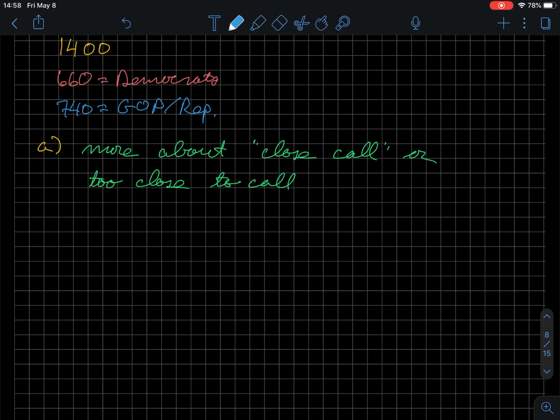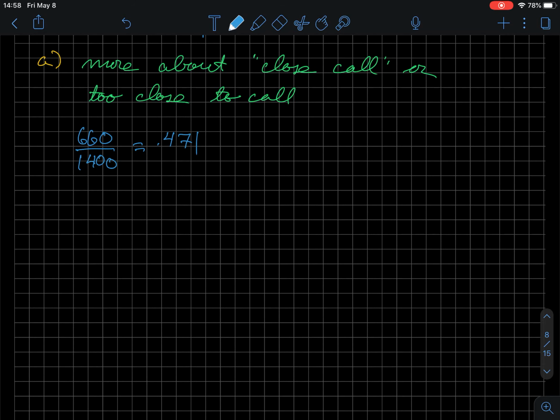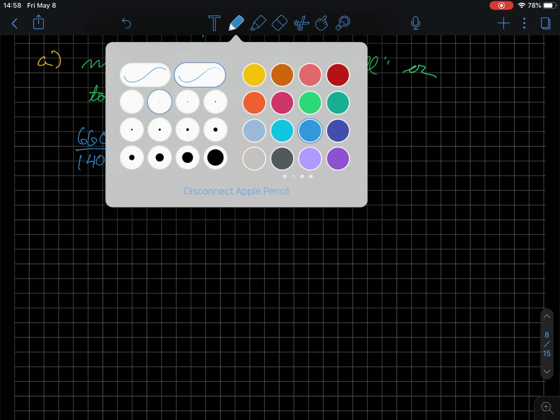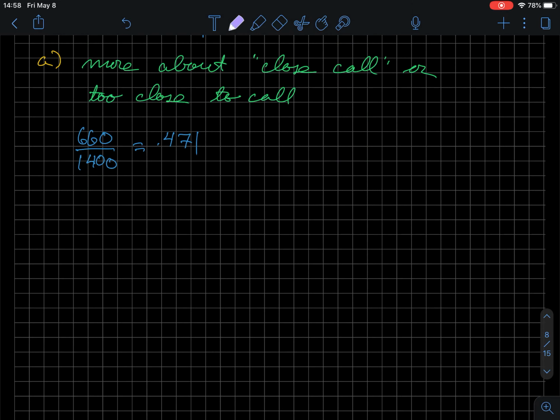So how would we go about this? It's pretty straightforward. If we use the Democratic sample, we know the proportion is going to be 660 over 1400, and this is going to be equal to 0.471. We would find next the standard error, which, as we've already done before, is the square root of p times 1 minus p over n.